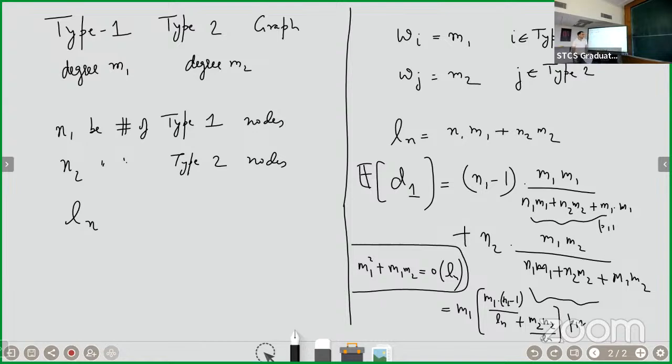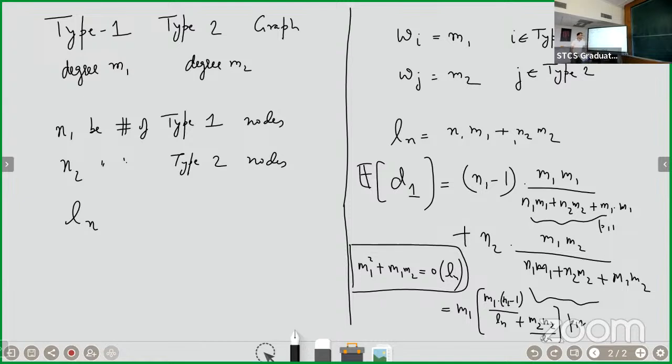But what is M1 N1 plus N2 M2? Ln itself. So essentially this is close to 1, and what I end up getting is M1 itself. The difference is just 1 by Ln, which is pretty small. So I can expect the expected degree to be very close to M1, as long as N1 and N2 are large enough.